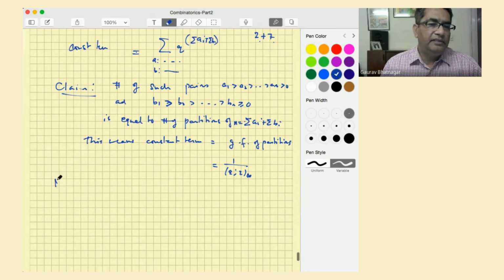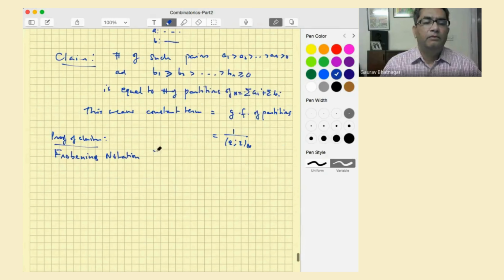So there is something called Frobenius notation, proof of claim, for partitions. So let lambda be a partition. Let's see.